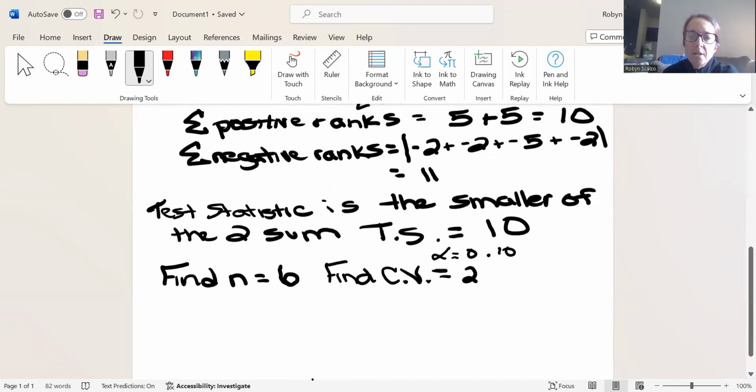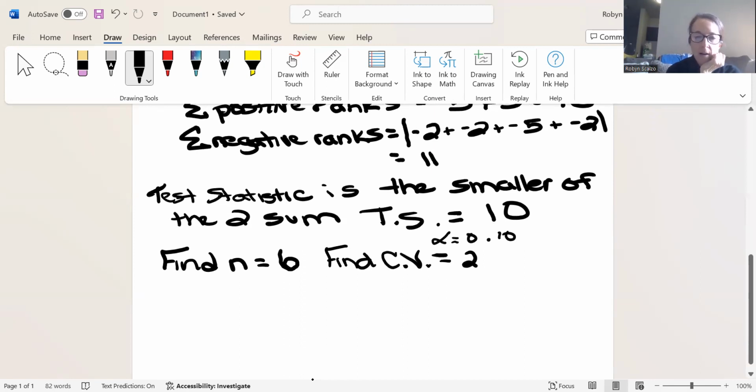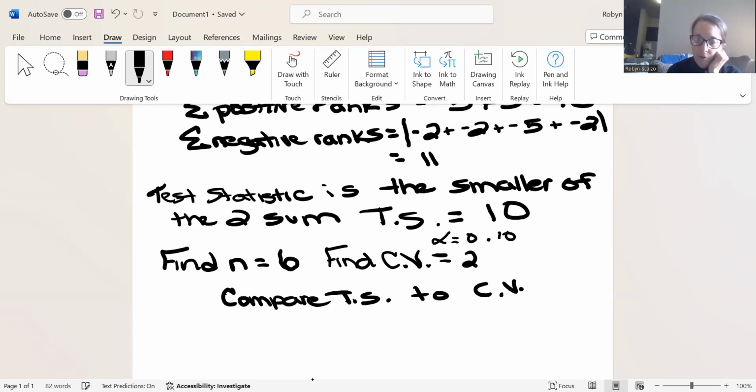Now, to make a decision using the Wilcoxon signed rank test, I compare the test statistic to the critical value. My test statistic is 10, my critical value is 2. So the test statistic is greater than the critical value.